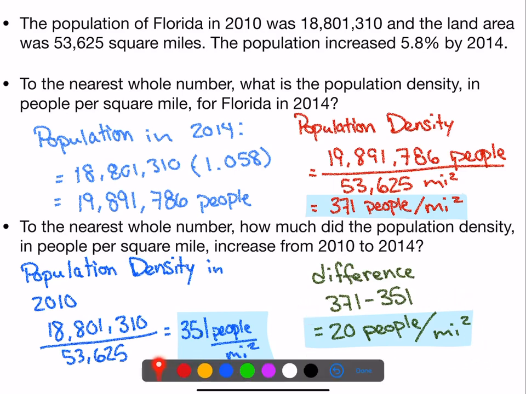That means that there are 20 people that move to Florida for every square mile of land that Florida has, which is quite a bit of people. So keep that in mind. That's how we can track how many people per mile squared has occurred. If you think about it in terms of the Phoenix area, we know each major road is about a mile squared, so each block is a mile squared for us.